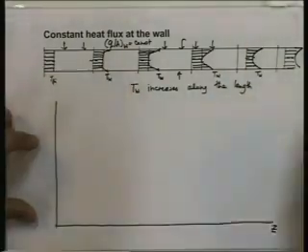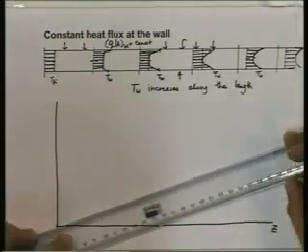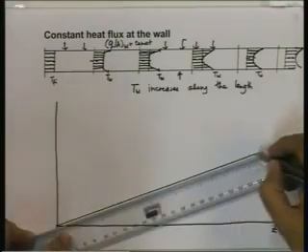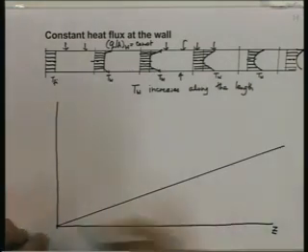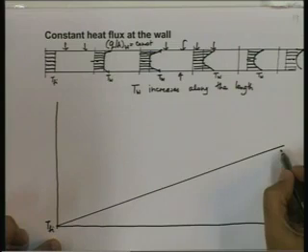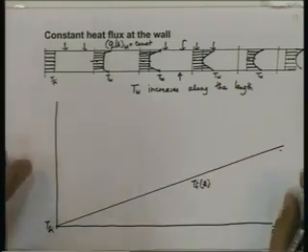So let me plot that. Let me emphasize it is linear by strictly drawing it linear. So this is Tfi and this is Tf as a function of z.